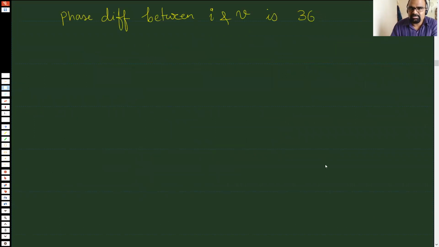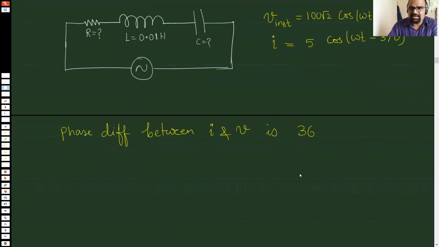I'll write it as omega t minus 370 degrees, or rather omega t minus 10 degrees. It doesn't matter which one you subtract from what. And that is 360 degrees.